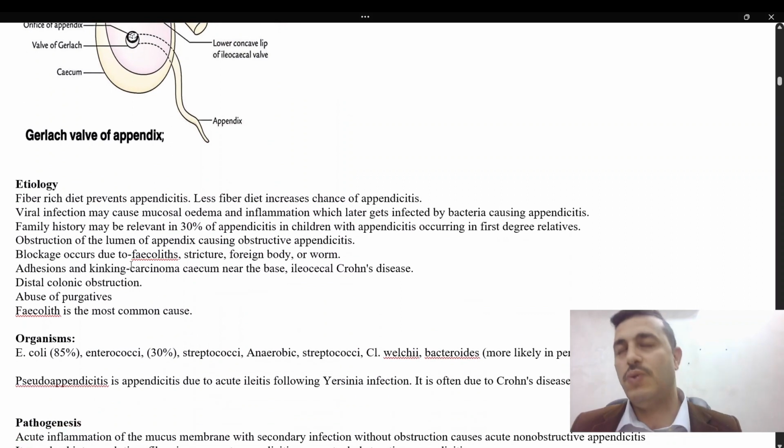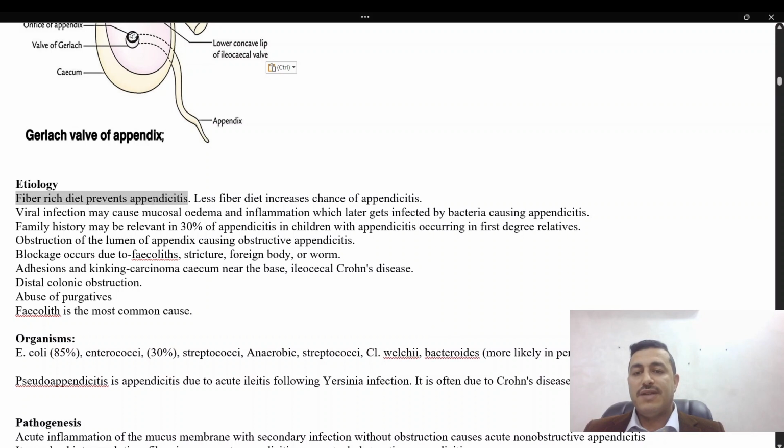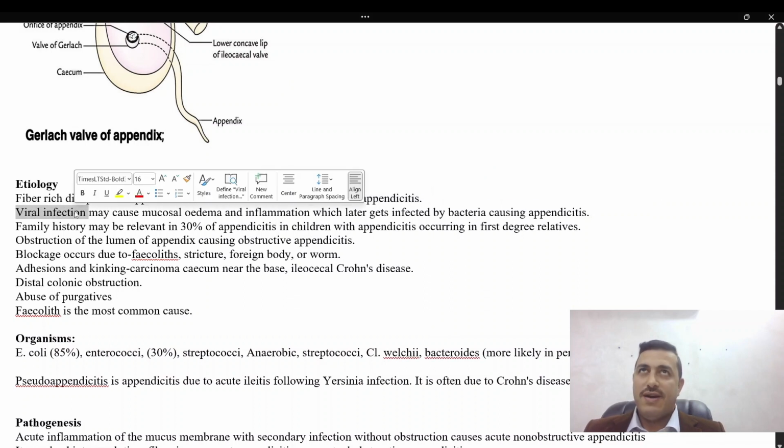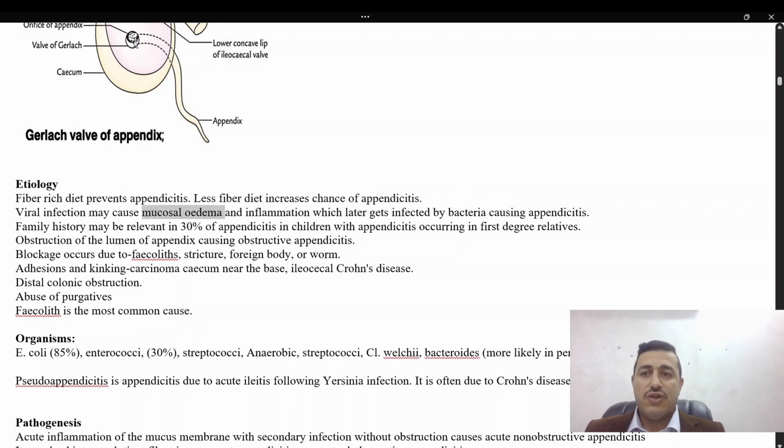Okay. The etiology, we will figure this out when we come to the classification of the types of appendicitis. But here they mention that a fiber-rich diet prevents appendicitis, and less fiber increases appendicitis. Viral infection, how can viral infection cause appendicitis? It actually causes mucosal edema and obstruction of this valve, and so there will be obstruction, or superimposed bacterial inflammation and mucosal inflammation, which will lead to appendicitis.